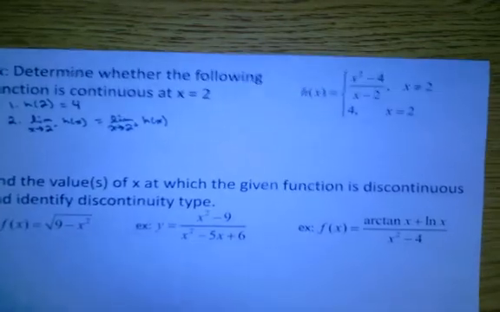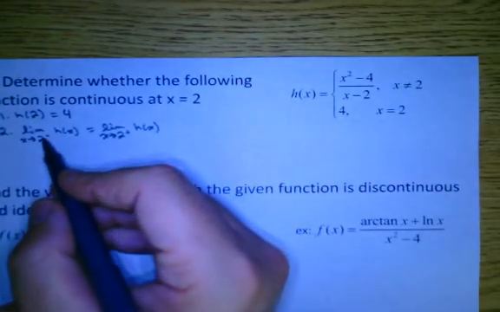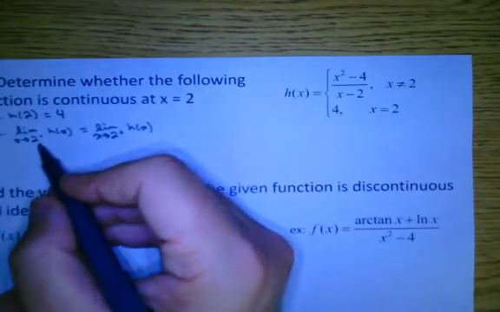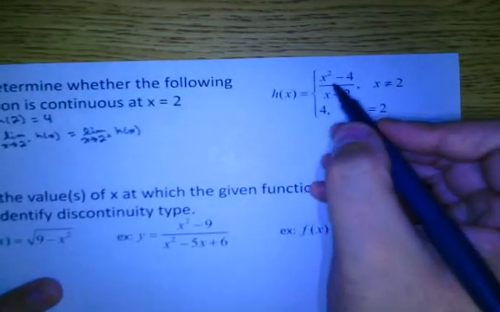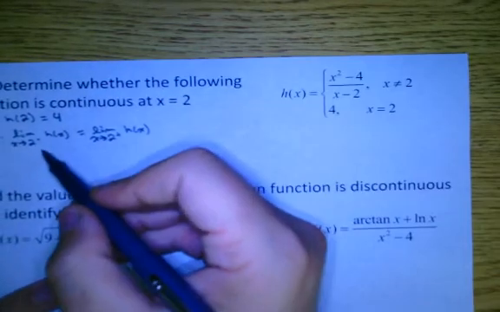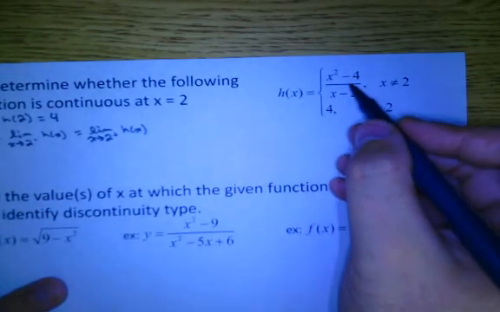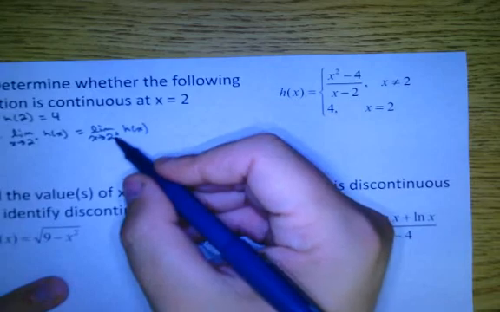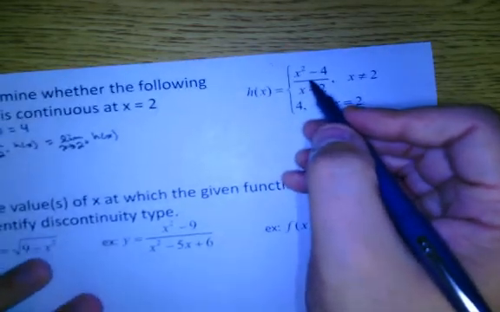I need to show this. I can't just write that down without any work. I have to actually go through with it. Since I'm finding the limit going just to the left of 2 and just to the right of 2, I'm actually using the top one up here. Let's say I'm picking like 1.9. If I find the value at x equals 1.9, I'd use the top. And likewise, if I go to the right, like 2.1, I'd have to use the top. So I'm looking at just the top function right now.